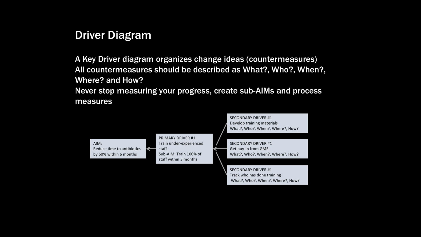And they also realized they needed to track completion of the training. So note that each of those countermeasures is described by what, who, when, where, and how. And a properly executed countermeasure requires that the teams answer those 5 questions: what, who, when, where, and how.